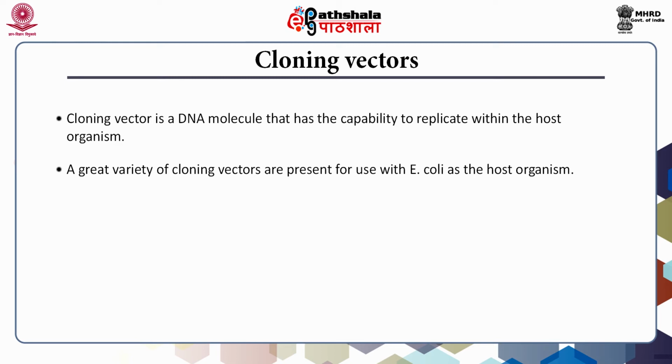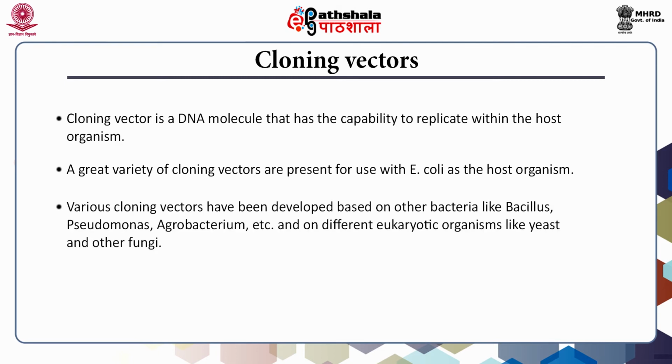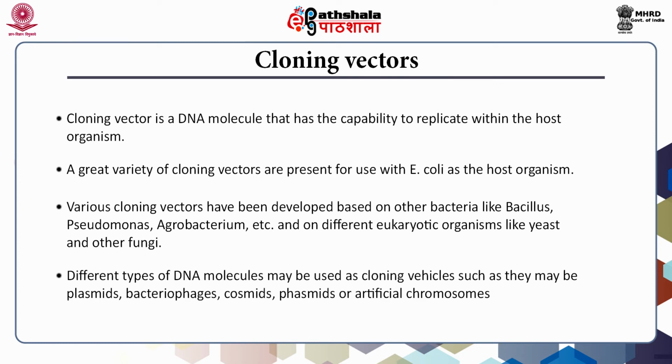Sometimes it becomes desirable to use different hosts, so various cloning vectors have been developed based on other bacteria like Bacillus, Pseudomonas, Agrobacterium, and on eukaryotic organisms like yeast and other fungi. Different types of DNA molecules may be used as cloning vehicles, such as plasmids, bacteriophages, cosmids, or artificial chromosomes.